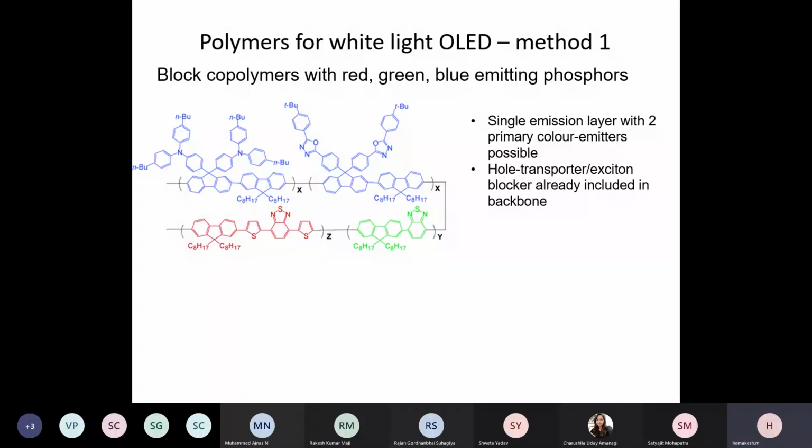And if you have a single polymer that does all the functions, you wouldn't have to worry about those complicated layer structures where each layer has to be sequentially deposited. So if you can think of polymers that do all the functions in one go, that would be a very attractive field of research that people would be interested in.